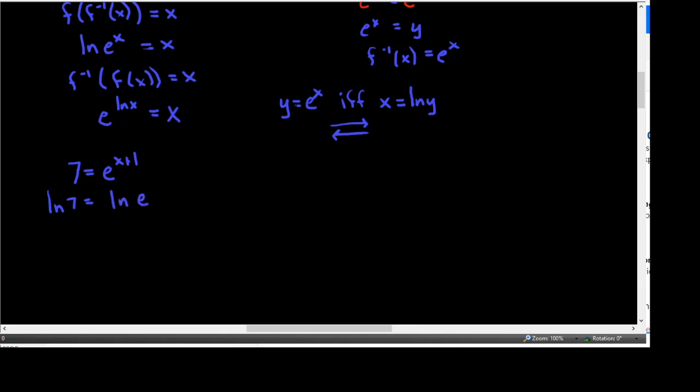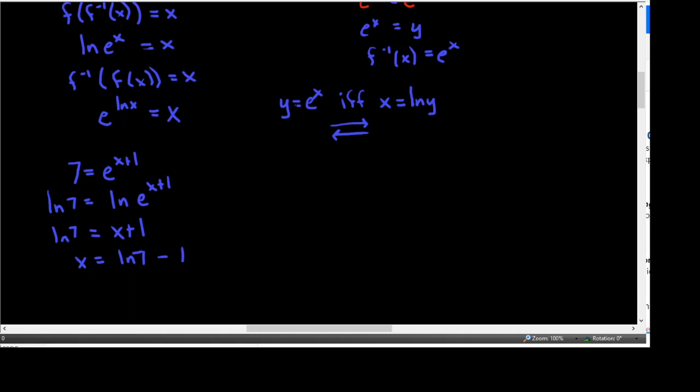And that's a good thing, because when you take the ln of e to any power, because they're inverses, the answer is just whatever that power is, whatever that exponent is. And so subtracting 1 from both sides means that x is natural log of 7 minus 1.